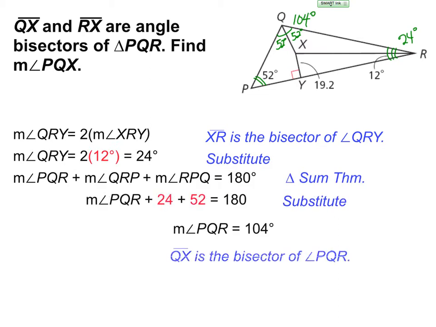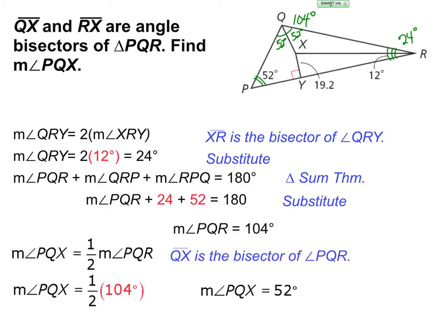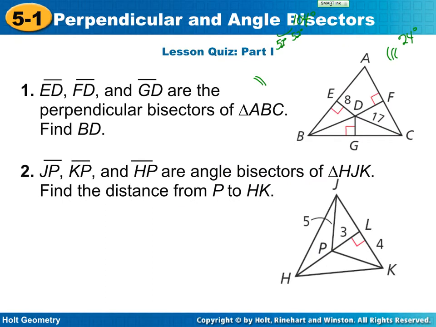Okay, I think that's my last one. All right, so a summary before we work on some homework. We did perpendicular bisectors. A point that's on a perpendicular bisector is equidistant from the ends of the segment, which when you put it in a triangle, that's the vertices of the triangle. Angle bisectors are equidistant from the sides of the angle.